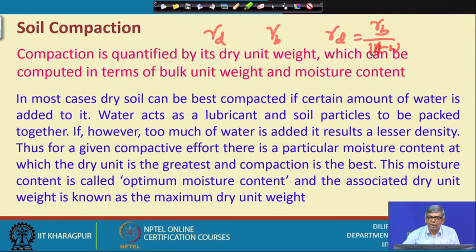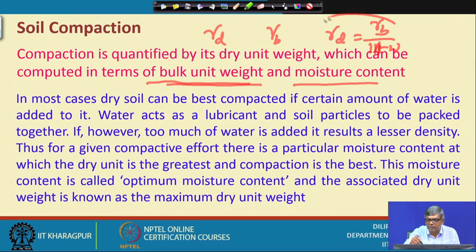When compaction is taking place, at some intervals we do some measurement and find out the dry density. When we see that the dry density reaches a desired value, then we declare that the compaction is satisfactory or done properly. We cannot directly find the dry density in the field, but we can find the bulk unit weight and determine the moisture content.